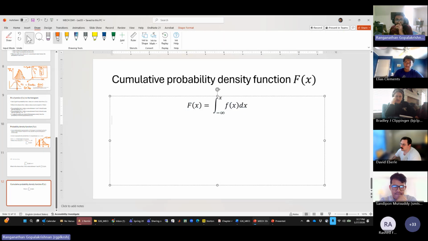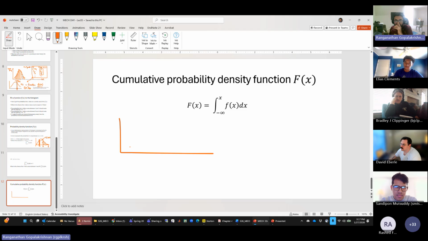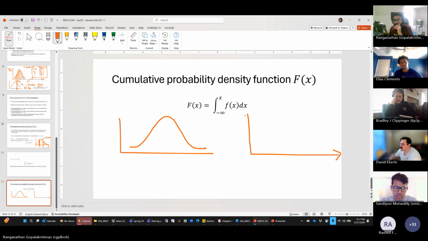So if the probability density function looks like this, the cumulative density function, let's say this is minus infinity, this is plus infinity.